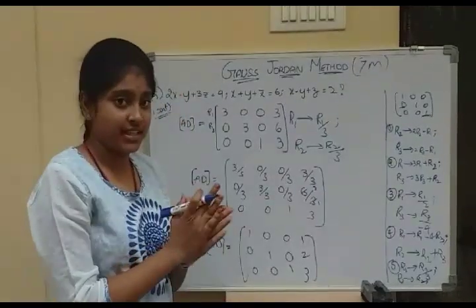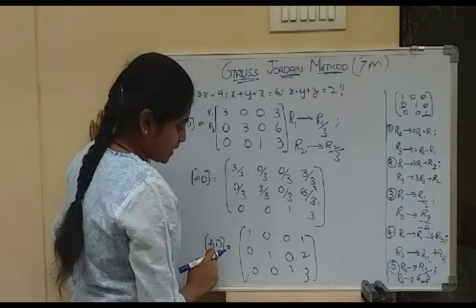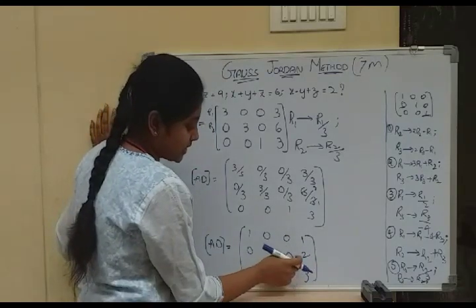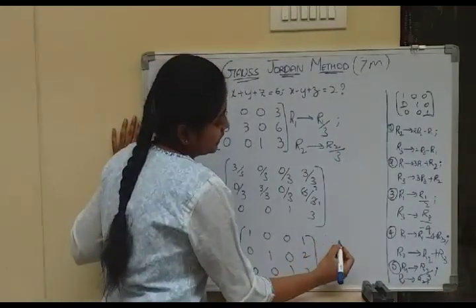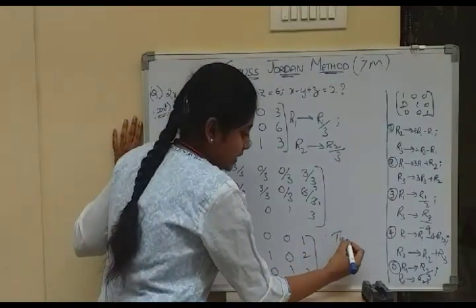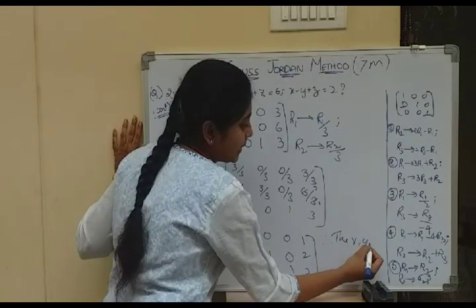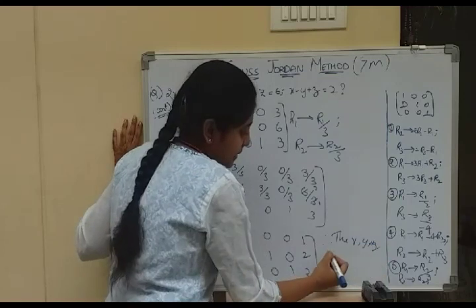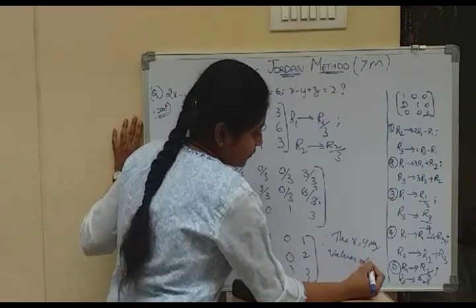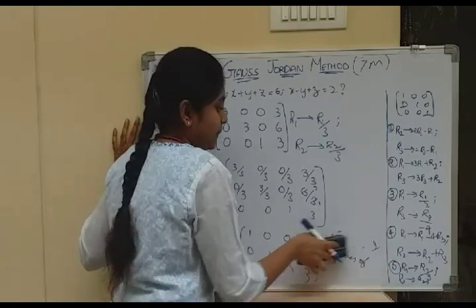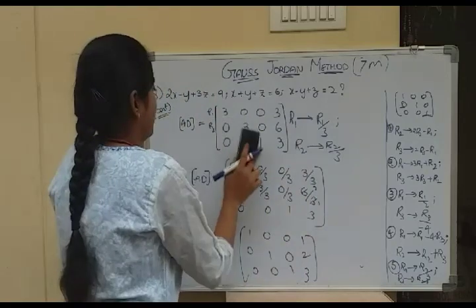Now we will separate the last one, we need to separate the D matrix from the A matrix. If we separate, therefore the values of x, y, z. Wait, 1 second, I will write it here.